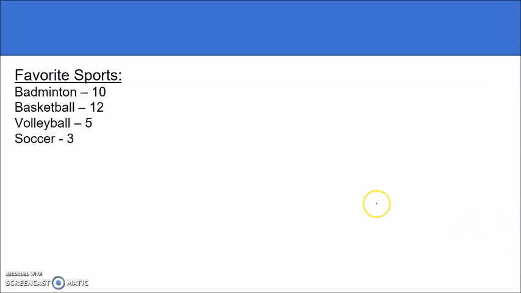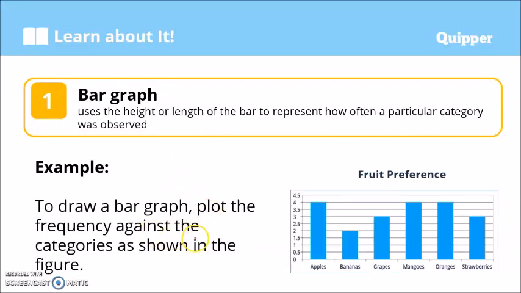Now, let's have an example on how to manually construct a bar graph. We have here the result of a survey on favorite sports. So we have 10 for badminton, 12 for basketball, volleyball 5, and soccer 3. If we are going to construct a bar graph for this, remember that we are going to plot the frequency against the categories.